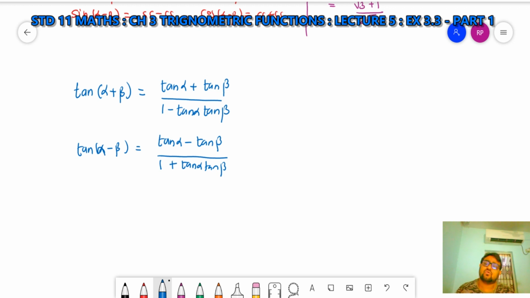Clear? Now next is for cot. Okay? Cot alpha plus beta will be equal to, but with cot alpha, cot beta, there is some change. Okay, cot alpha cot beta minus 1 upon cot alpha plus cot beta.